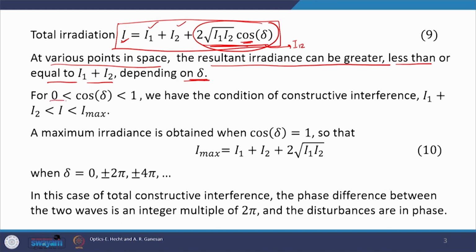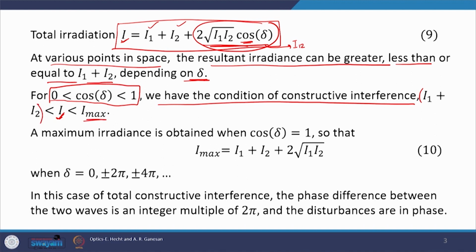If cos delta is between 0 and 1, then we have the condition of constructive interference, and in this condition the resultant irradiance I is between I1 plus I2 and I max.